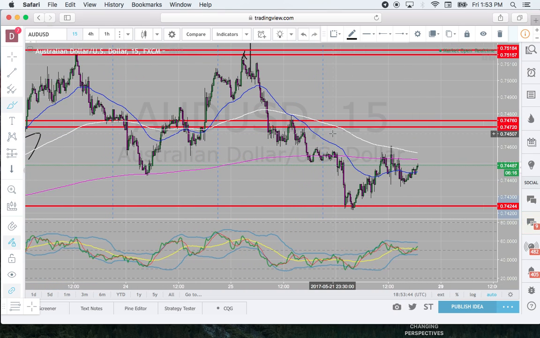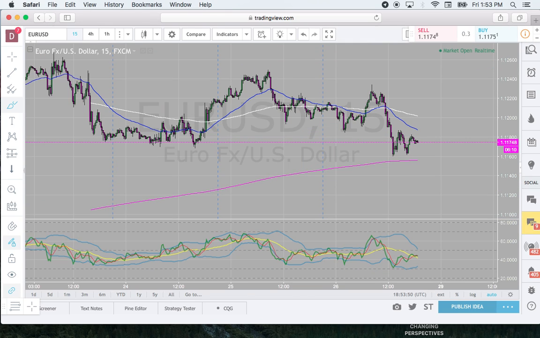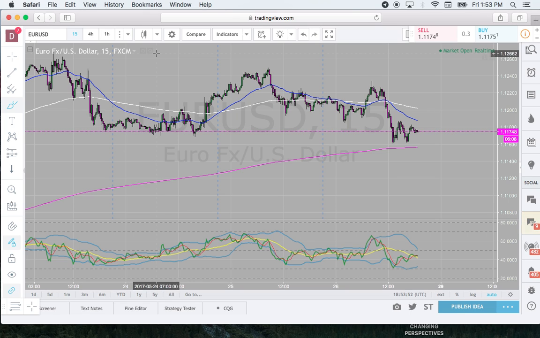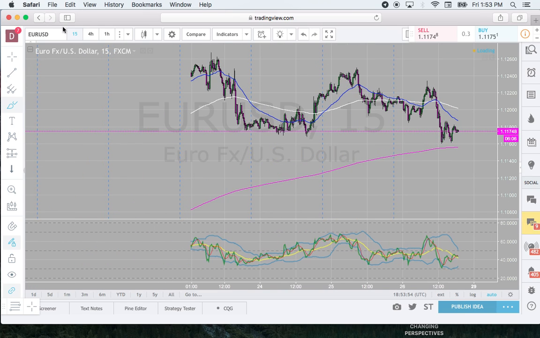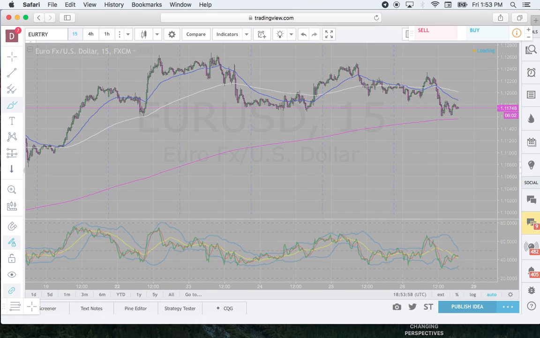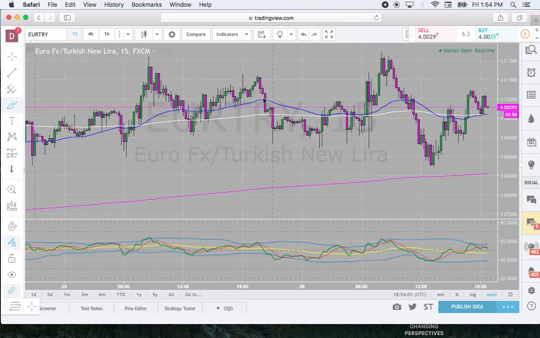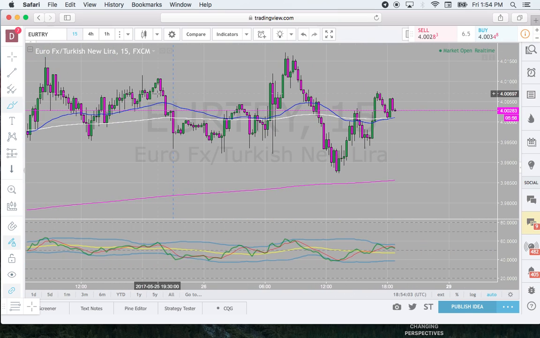So let's go on to a different pair just to show you guys it happens on all pairs. I'm not lying or something. I didn't set this up. Let's just go on like a really weird pair. We can see it happening all the time.